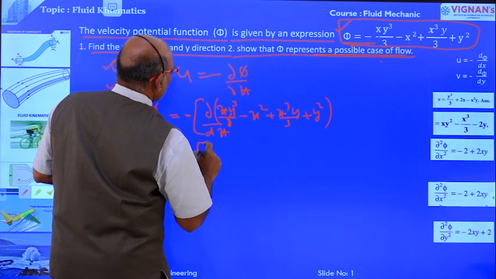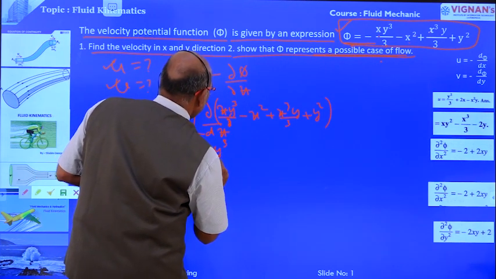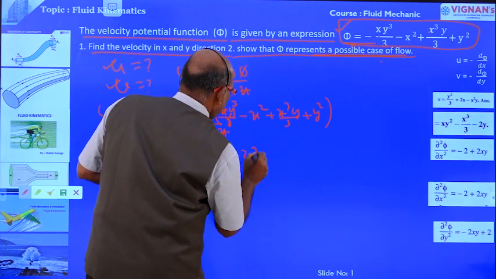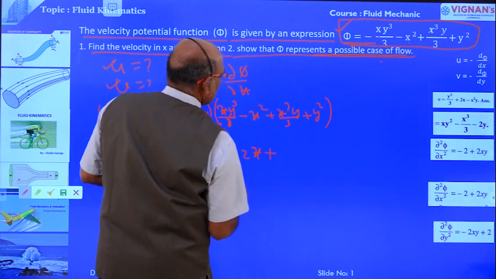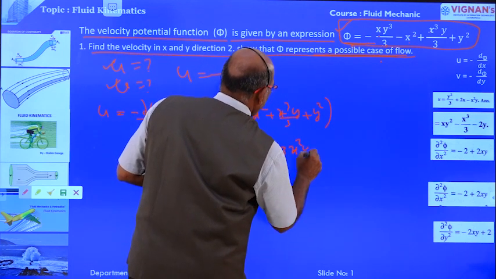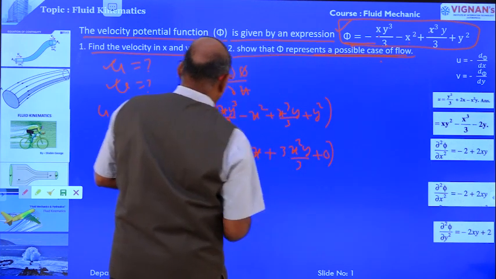This is equal to minus of y cube divided by 3 minus 2x plus 3x square y by 3 plus 0, right?